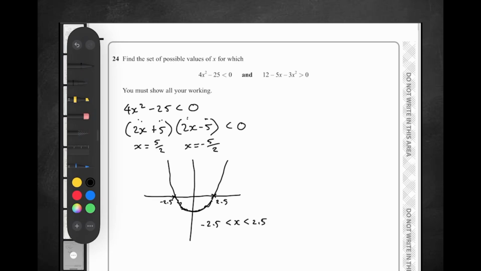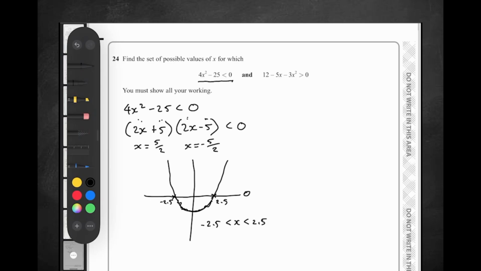As we know, the equation is 4x squared minus 25 is less than 0. So everything under 0 is what we need in our set.